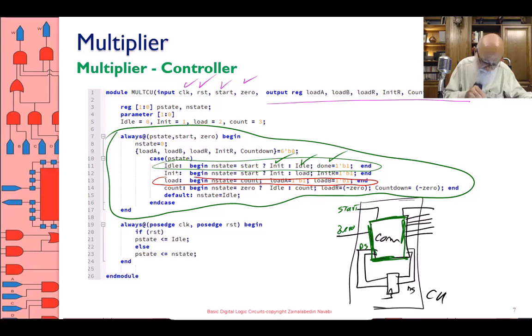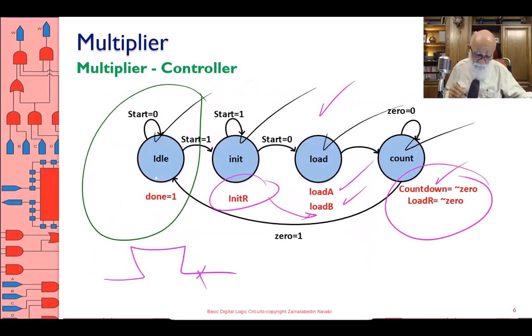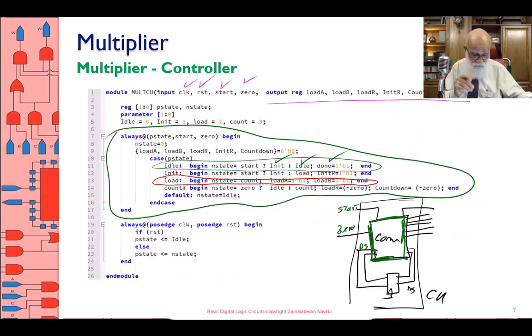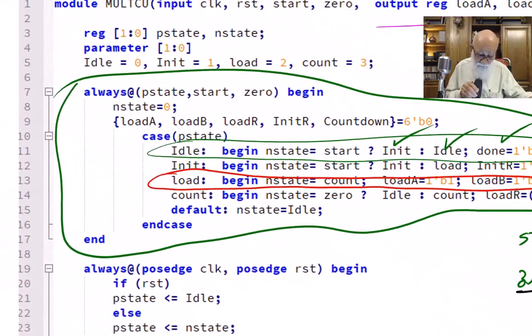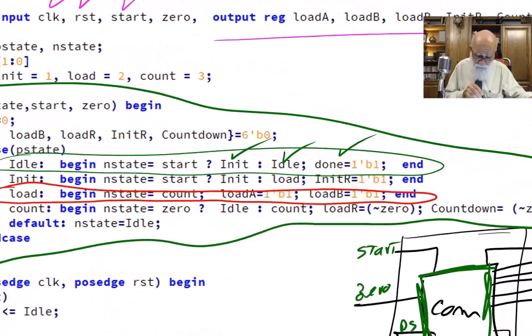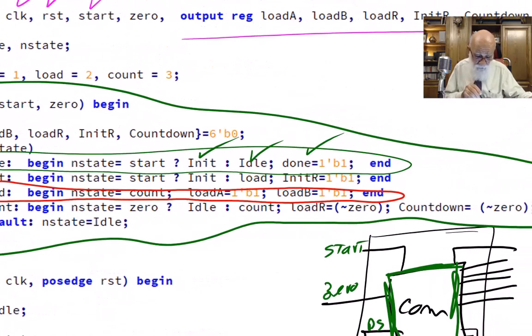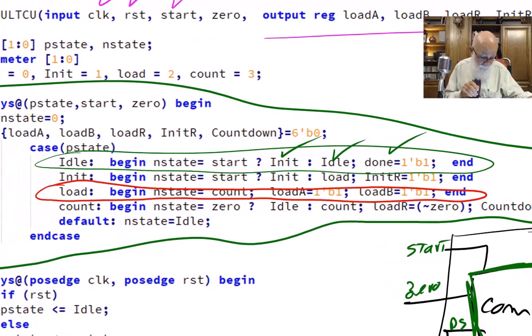Let's look at the load state. The next state is count unconditionally. Look at this line here, line 13. The next state is count unconditionally, and then I also issue load B and load A. And then you see those in the load state.